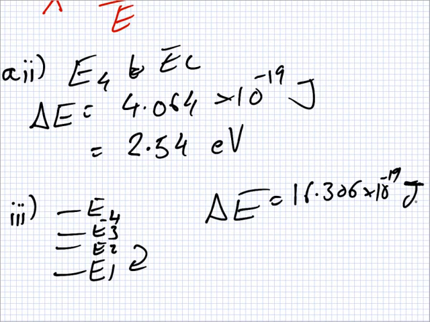And if I can show it's ultraviolet for that transition, then it must be at least ultraviolet for the other transitions, because the other transitions would have even more energy in the photon, which means more frequency, which means even higher than ultraviolet.